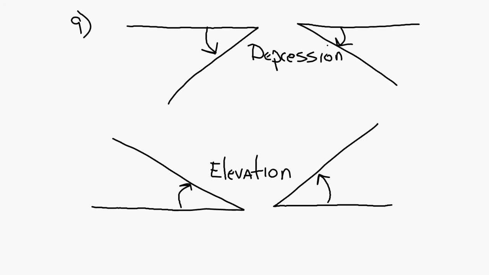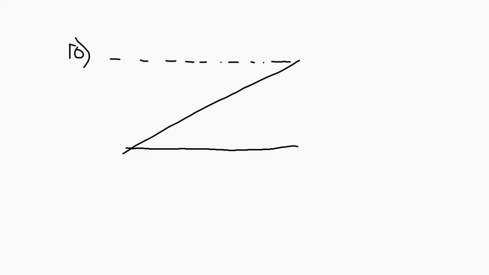Number 10. Okay, so you've got this dotted horizontal and then a right triangle, a 40-degree angle of depression, 19 yards and x. Said yesterday that this hypotenuse also serves as a transversal, which means that this angle of elevation is also 40 degrees, which turns this into an opposite over adjacent problem.